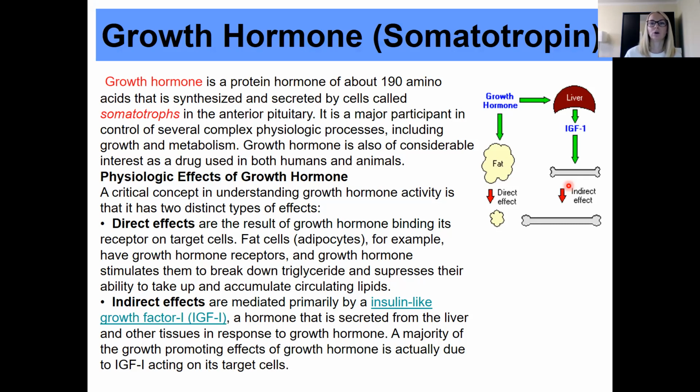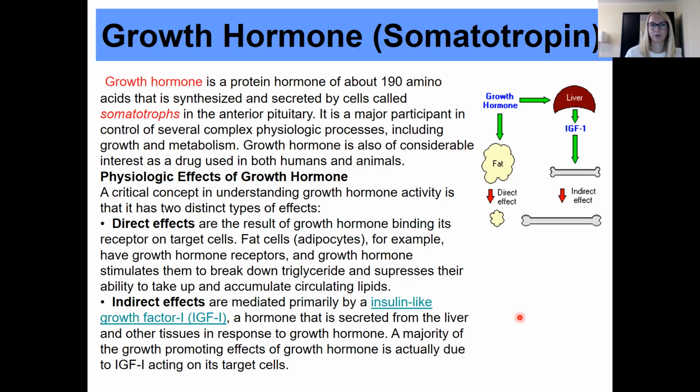Growth hormone is also of considerable interest as a drug used in both humans and animals, and it has two types of effects. First one is direct effects, which are the results of growth hormone binding its receptors on target cells.